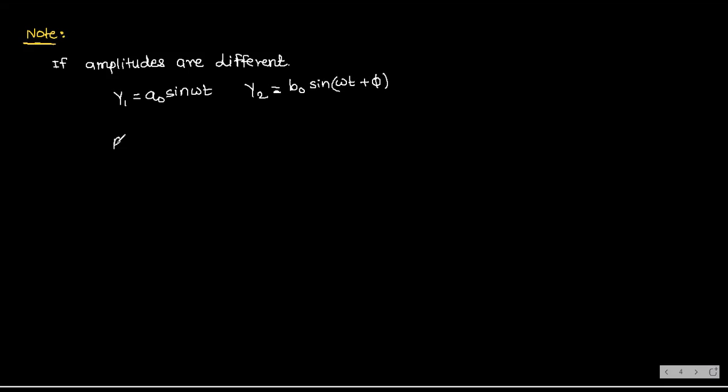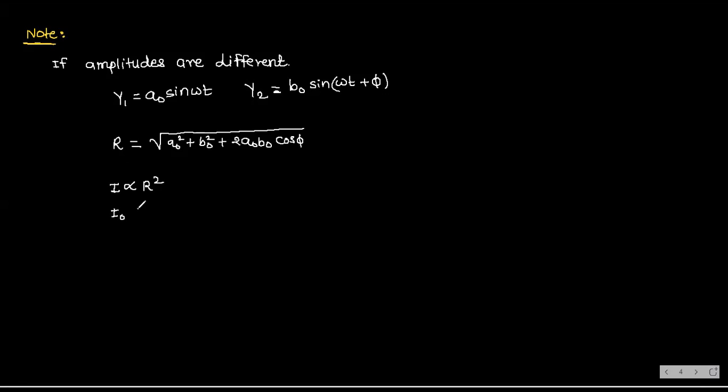Then here r, the resultant amplitude, is equal to under root of a naught square plus b naught square plus 2 a naught b naught cos of phi. Yes or not? And suppose now in this case only, if you want intensity, then here I is proportional to r square.